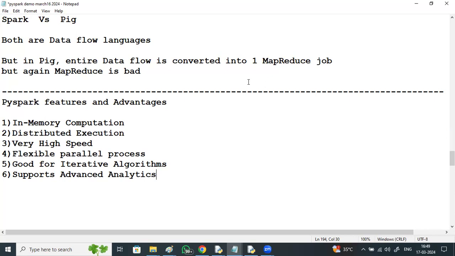Until then, it won't be reflected. But in the case of Spark, we can directly control it.